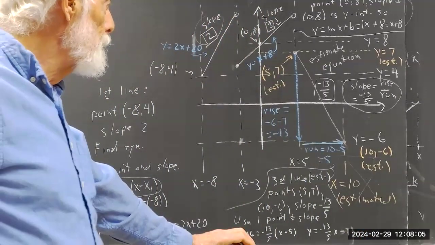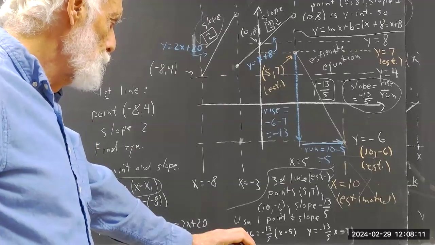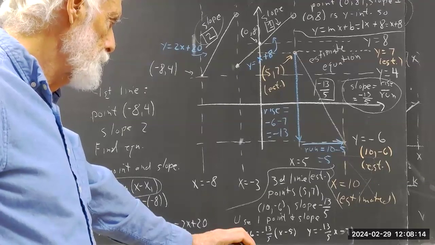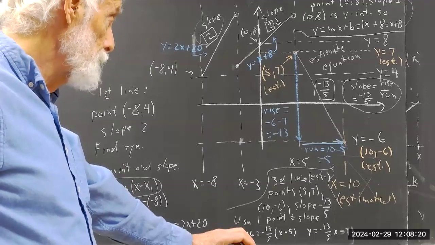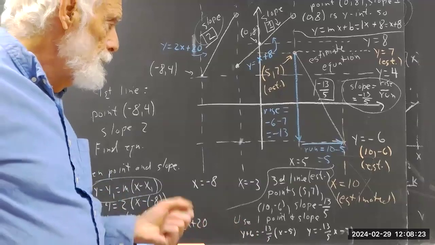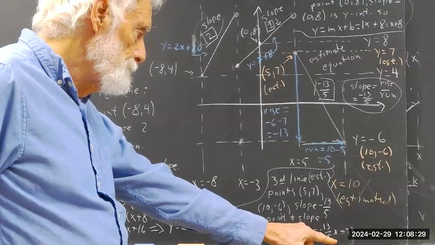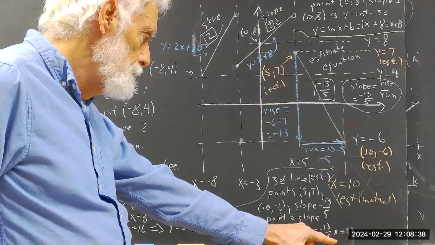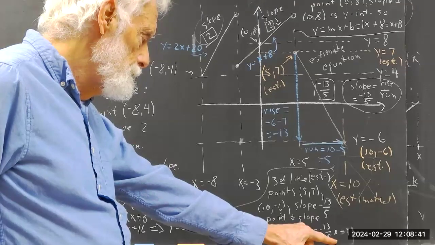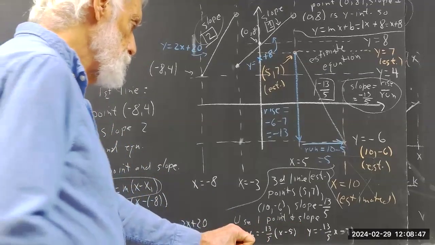So if x is -5, you get 13 minus 6, 7. Somehow that's not working. So I did something incorrect here. Because if x is 5, that's going to give me -13 minus 6 should be +7.